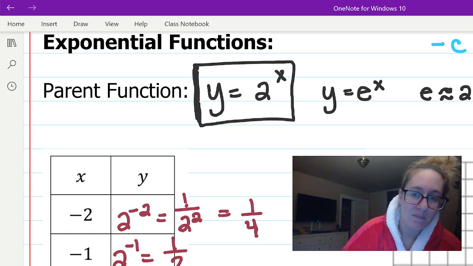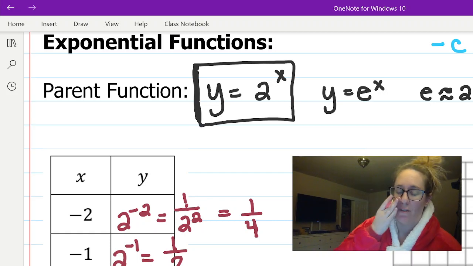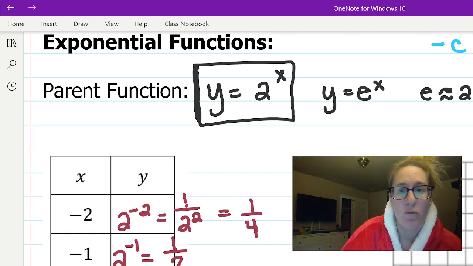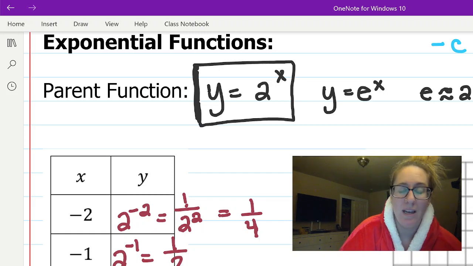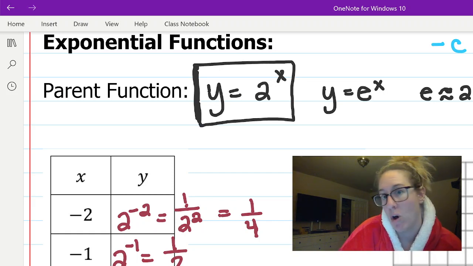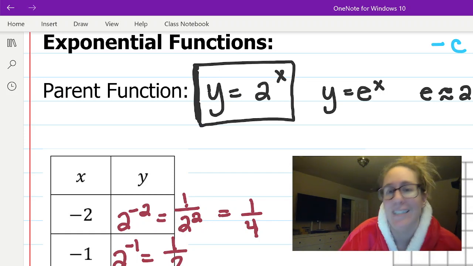There we go. Now, when you're doing the rest of your graph, you have to ask yourself, if I plug in really big negative numbers, like -100, what is my graph going to cross through? What is the value of y going to be? Well, it's going to be a really small decimal number. 2 to the power of -100 is a really, really small decimal.